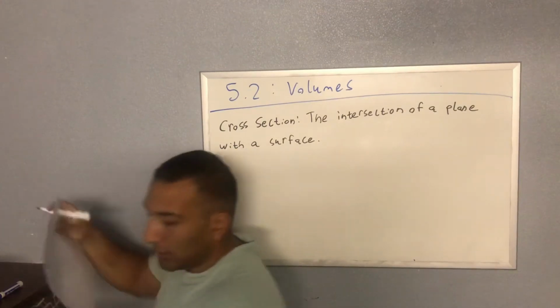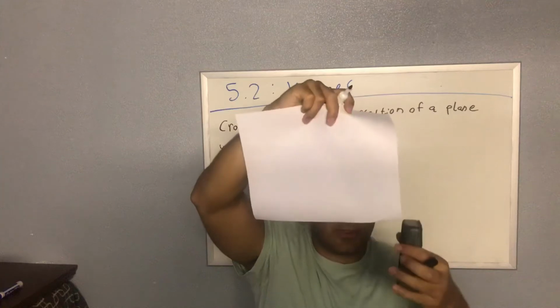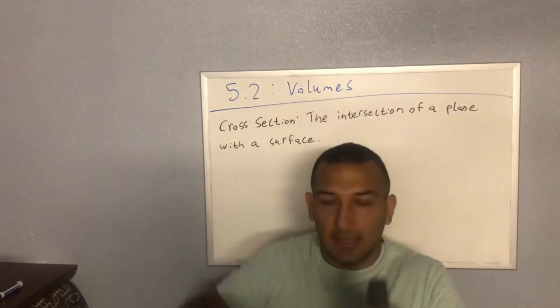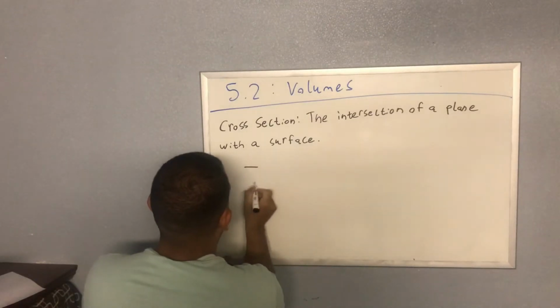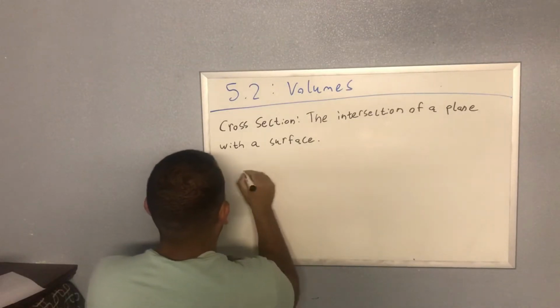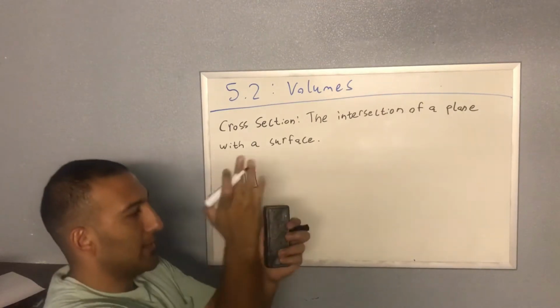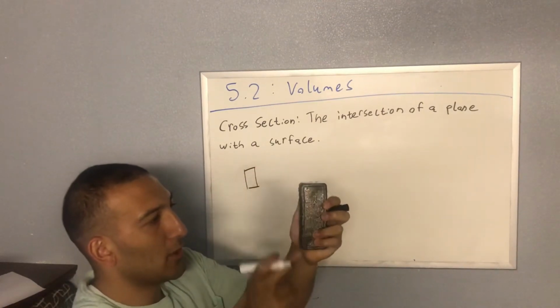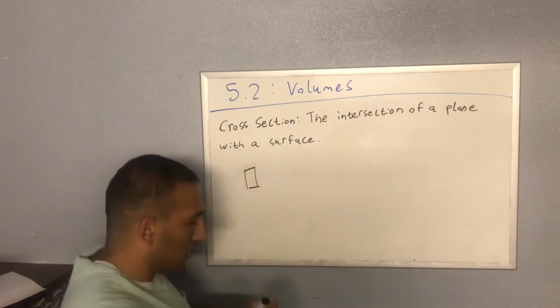But I can also cut it like this as well. If I cut it like this, so it runs through it like this, I'm going to slant it a little bit. Then it's a lot longer this way, right? If I cut it like this, it's going to be a lot longer on the side and shorter up top. So these are all just cross sections.